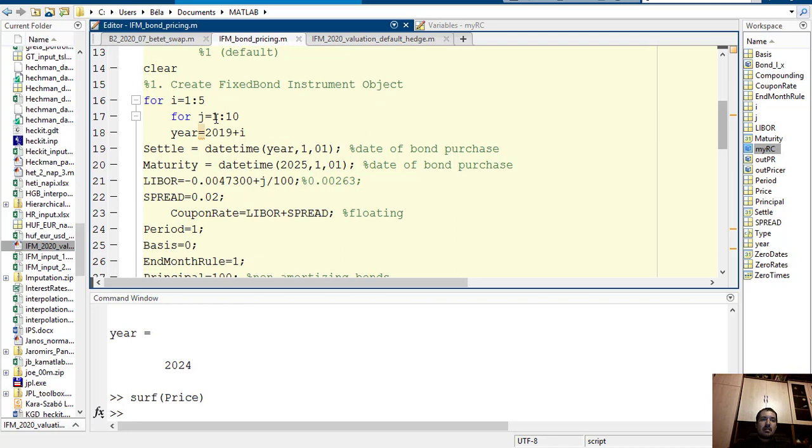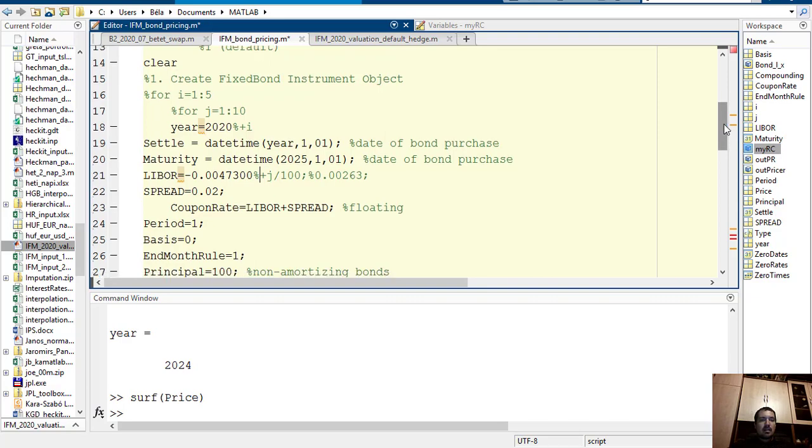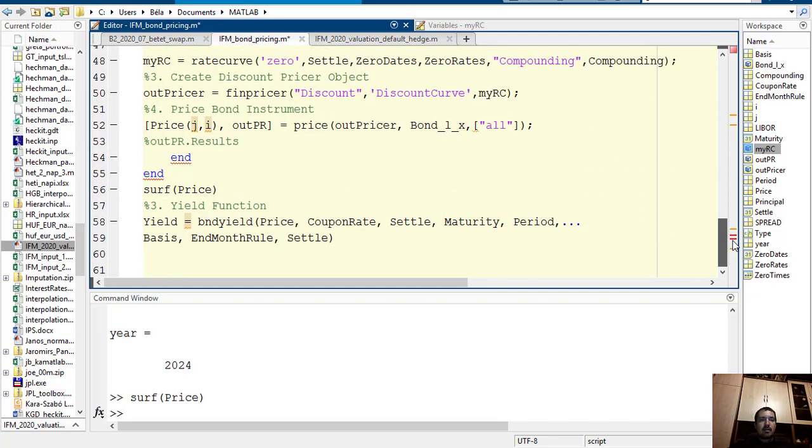On the other hand, with respect to all these nice for cycles, let's take this thing down and turn this back to 2020. Okay, LIBOR is back, fixed.